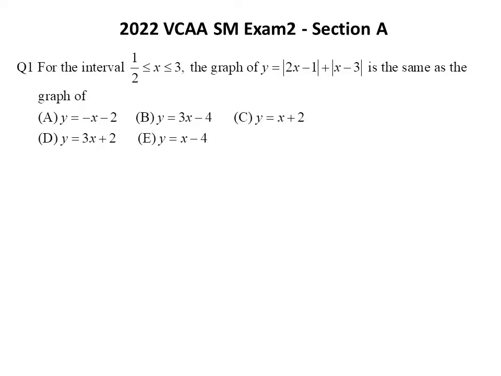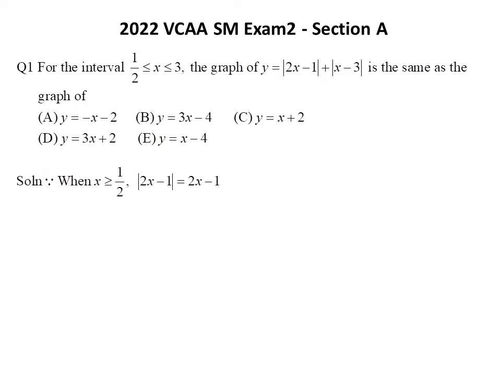Let's start with question 1, which states that for the interval x is greater than or equal to 1 over 2 but less than or equal to 3, the question is to find the right function from 5 given choices that match the graph of y equals modulus of 2x minus 1 plus modulus of x minus 3.